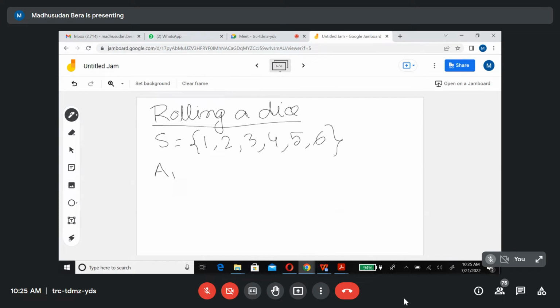Suppose A1 is {1, 2}, A2 is {2, 3, 5}, A3 is {4, 6}. So is it exhaustive or not?